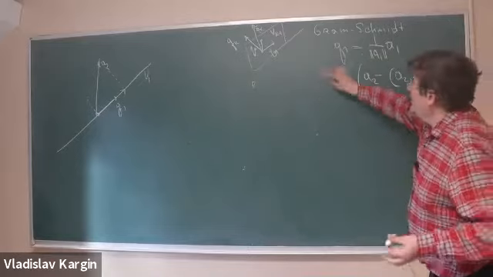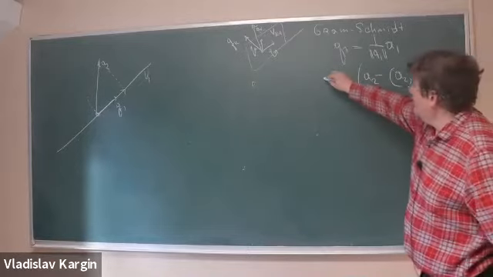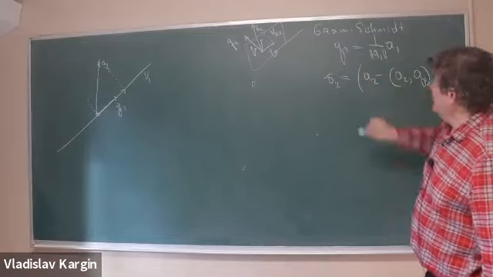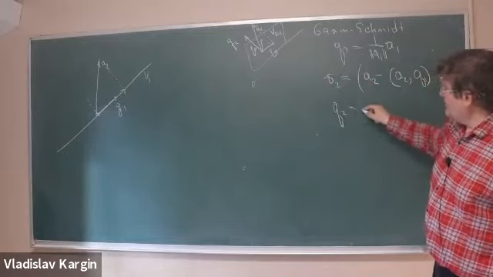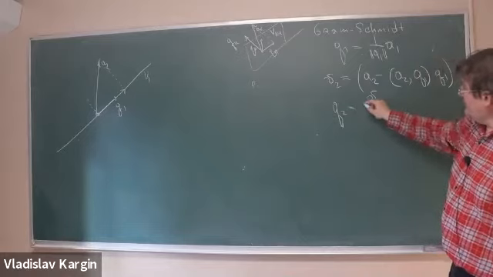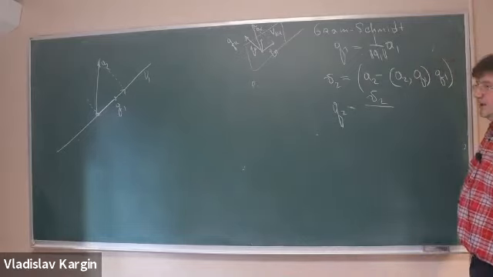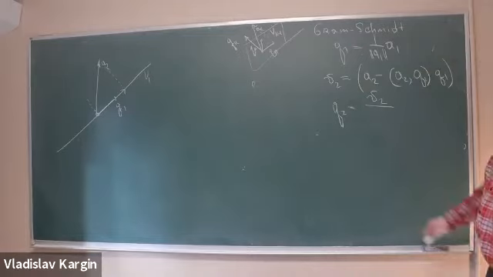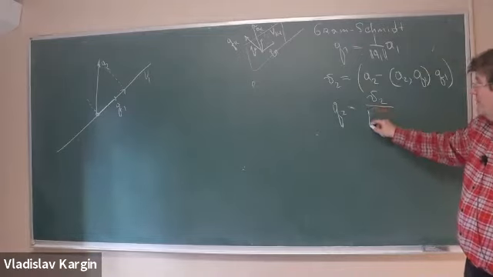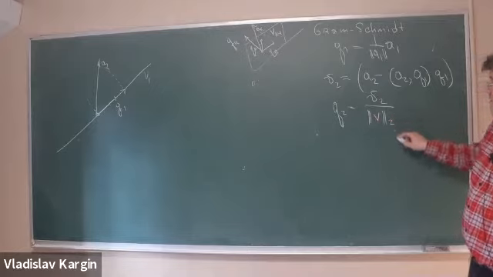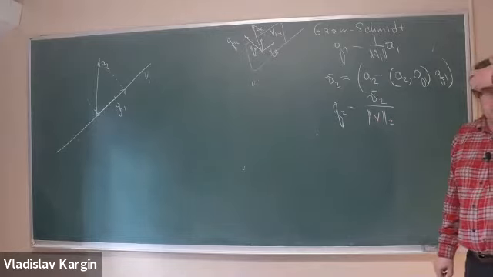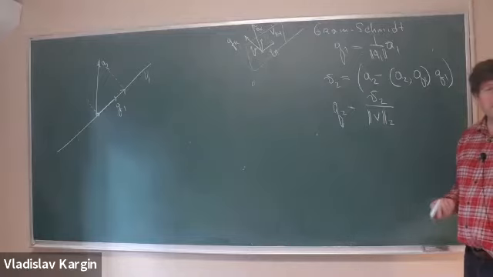Let us call this v2, and after that q2 would be just the normalization, v2 divided by the norm of v2. So this is the first step. It's pretty crystal clear how we do it.